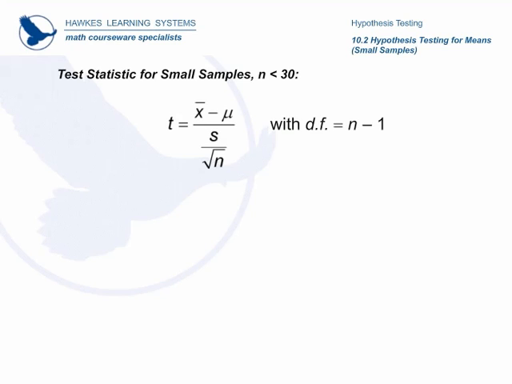We use our t-score value: our sample average minus our population average, divided by the standard deviation of the sample, divided by the square root of the number of samples. And remember that our degrees of freedom, or df, equals n minus 1.